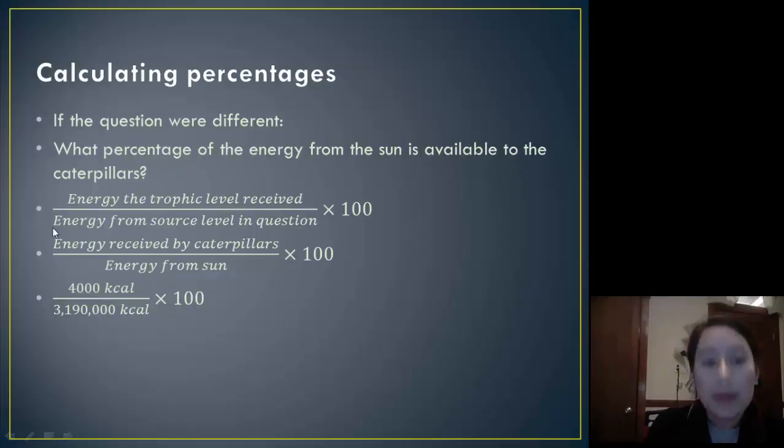Okay, so that means I'm still looking at energy that the caterpillars get, but now my source level is the energy from the sun. So that's going to go in my denominator. So then I look back at the pyramid, 4,000 kilocalories that the caterpillars get, but there's 3,190,000 kilocalories from the sun, according to the pyramid. Once again, just punch it into the calculator, and that will give you your answer.